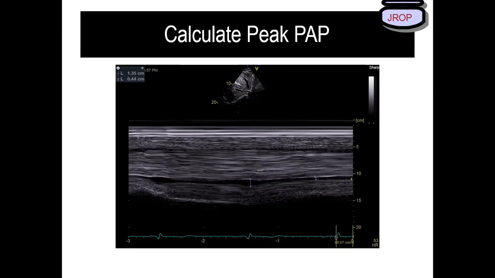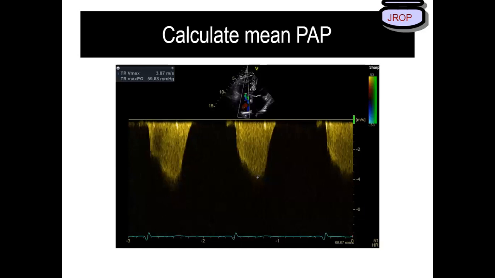Jagna, are you there? Yes, sir. So the same slide, give me the mean pulmonary artery pressure. So from the TR jet we can trace it. I'm not going to trace it for you.